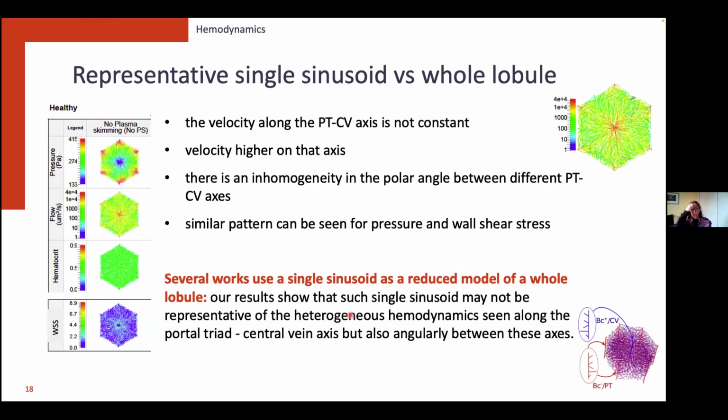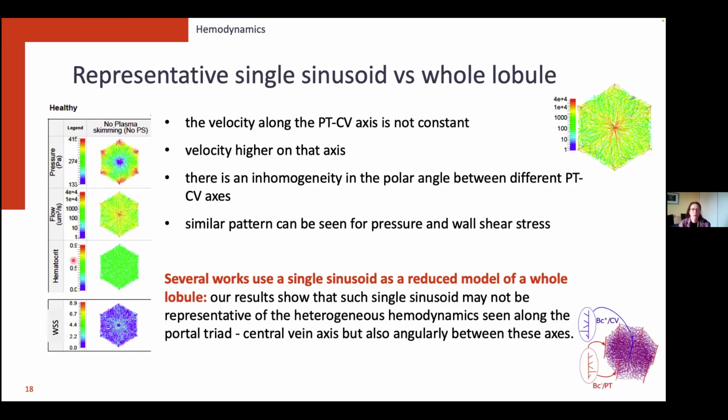So then we started to look also at the heterogeneity of hemodynamics in the whole lobule. So here it's a 2D projection from above for the pressure, the flow, the hematocrit, and the wall shear stress. Because in fact, in a number of mathematical models of metabolism of the liver, they use a single blood vessel that represents the entire lobule.